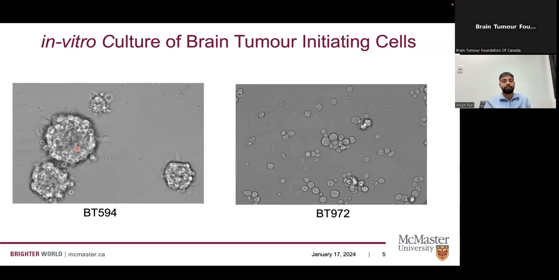And so these brain tumor initiating cells are known to proliferate and self-renew and propagate as neural spheres in most cases. But you could see that within even one tumor cell line, not all the cells look the same. And then when you look at its recurrent, it looks completely phenotypically different.